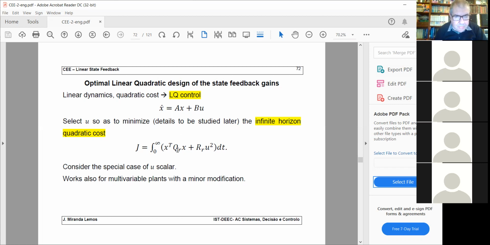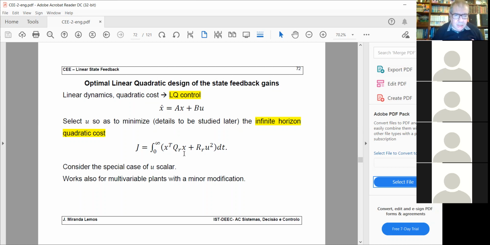Suppose that this matrix Q is just the identity. So you have here the sum of the squares of the components of x. Okay, this means that if you select your controller to minimize this term, x transpose Qx, then you want your state to have a small value.